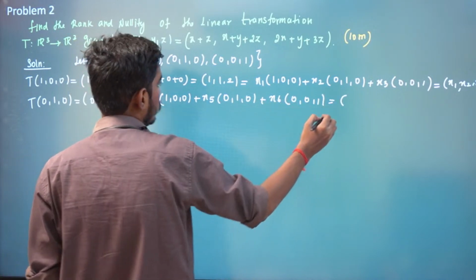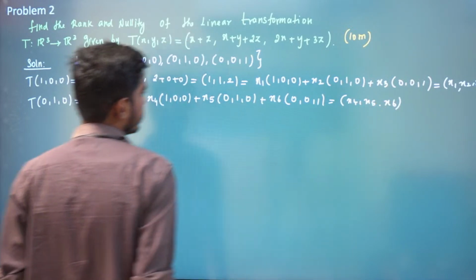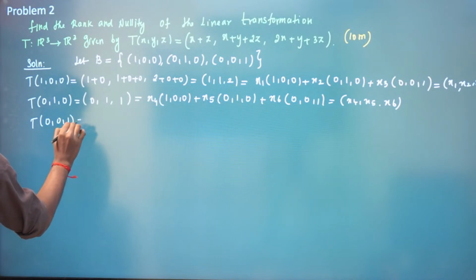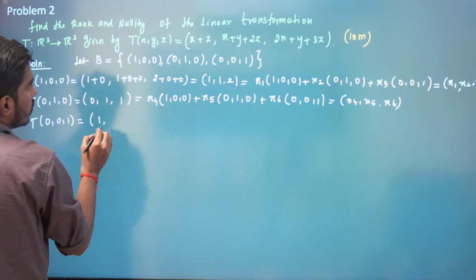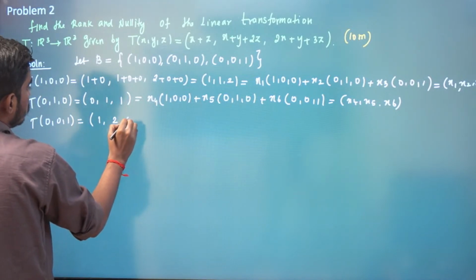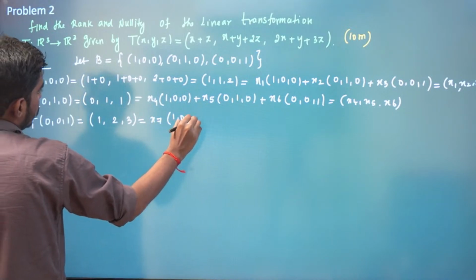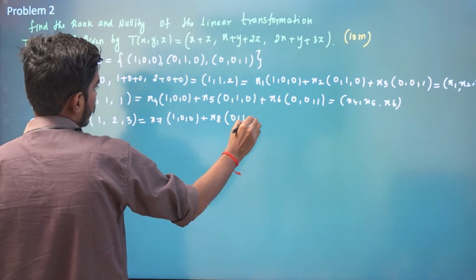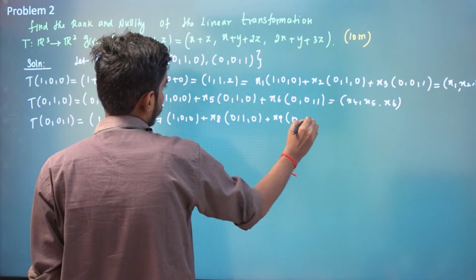So it turns out to be x4, x5, x6, and the next basis vector is 0, 0, 1. So x is 0, y is 0, z is 1. So 1, 2, 3. So let us say some x7 times 1, 0, 0 plus x8 times 0, 1, 0 plus x9 times 0, 0, 1.